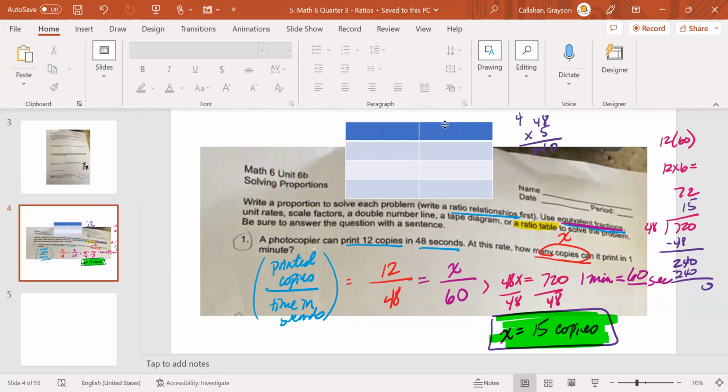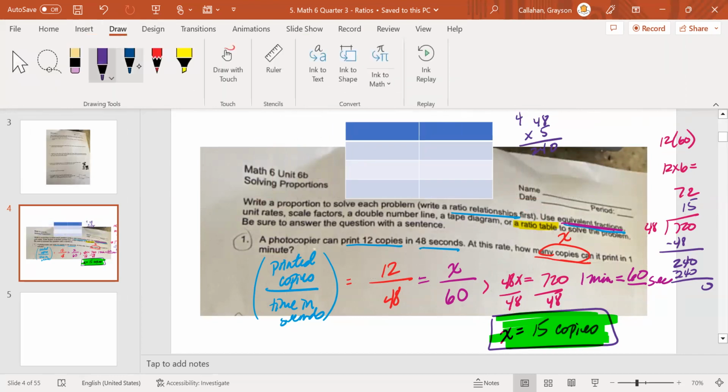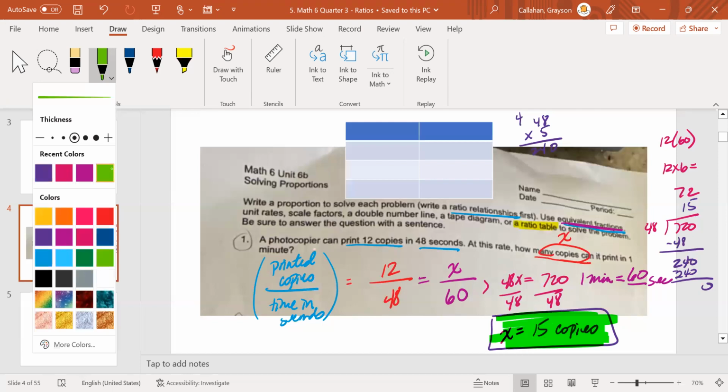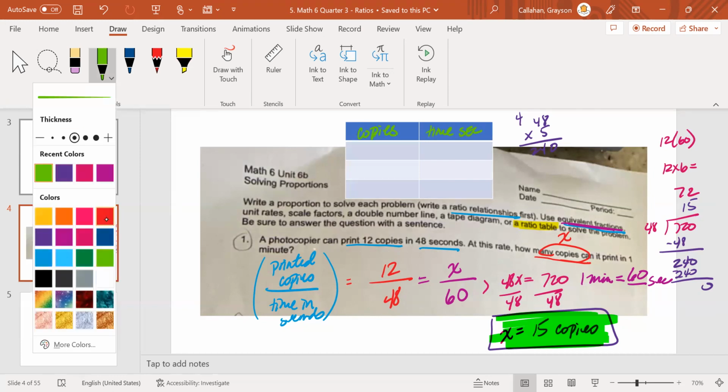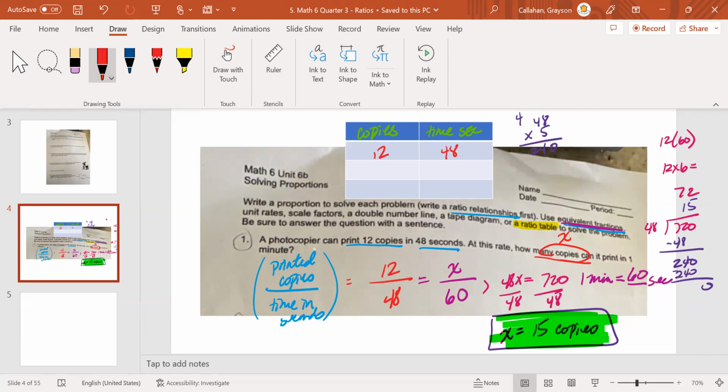The first part of my ratio table is just going to be copies, and this one is going to be time in seconds. It's important to do this so you can make sense of something. It's given to you that 12 copies is proportionate to 48 seconds. Your answer is 15 copies in 60 seconds. Does that seem like it makes sense to you?